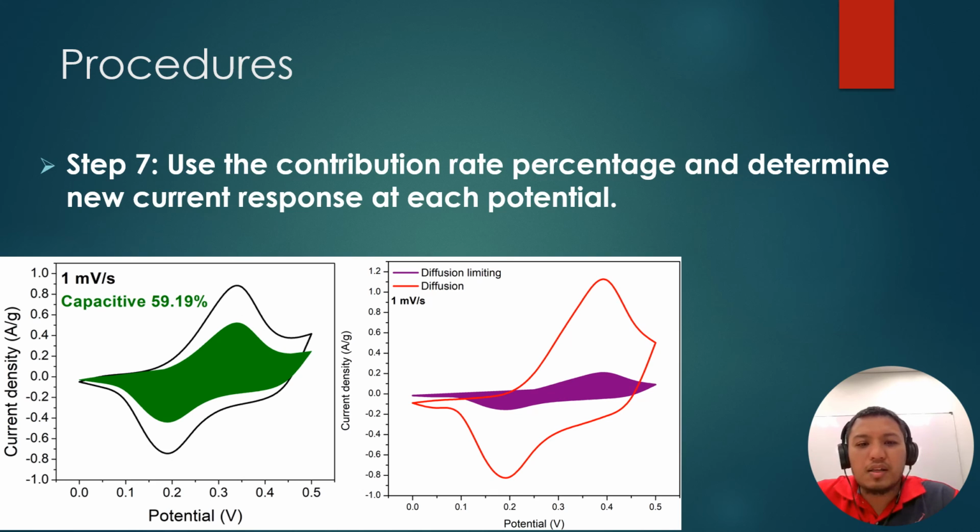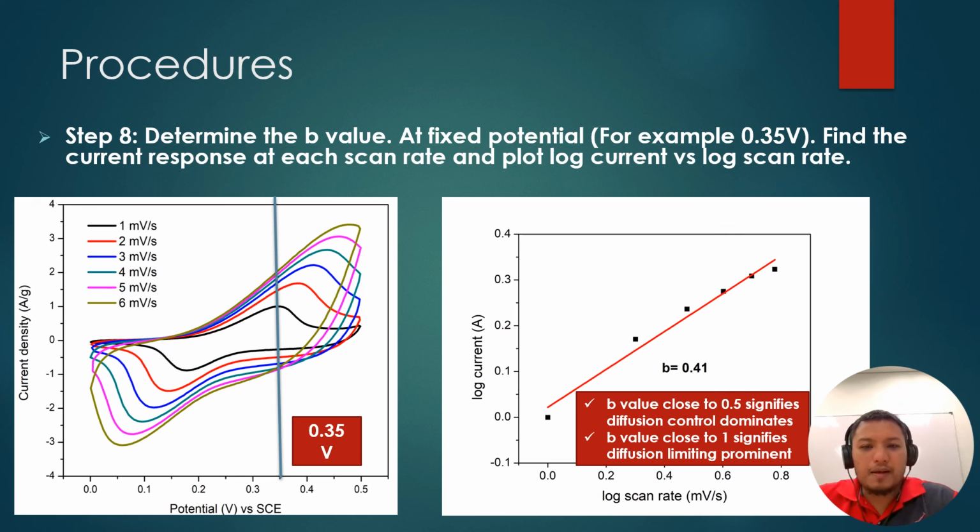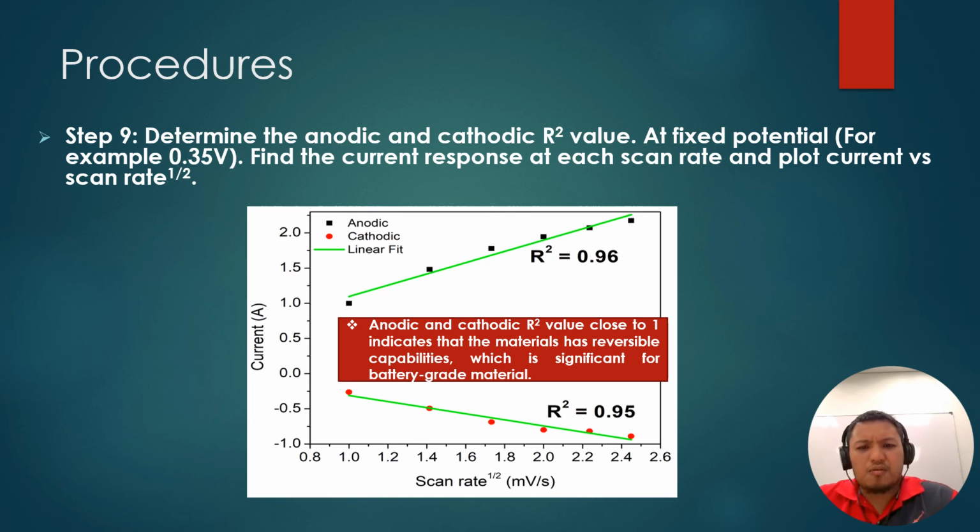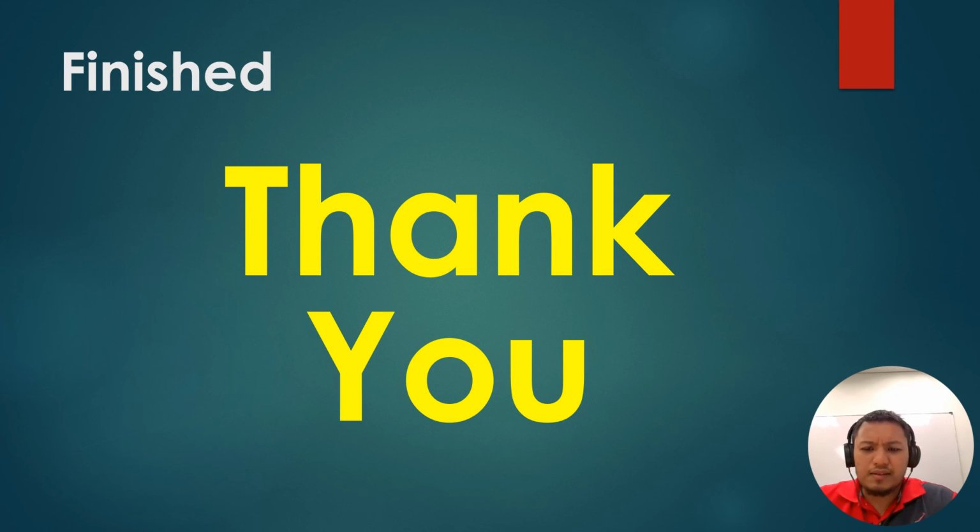You can compare only the capacitive with the normal graph, or compare diffusion and diffusion limiting only. It's up to you. Then just calculate the b value using the same current response, and calculate the R square value. I think that's all. It's not so difficult.